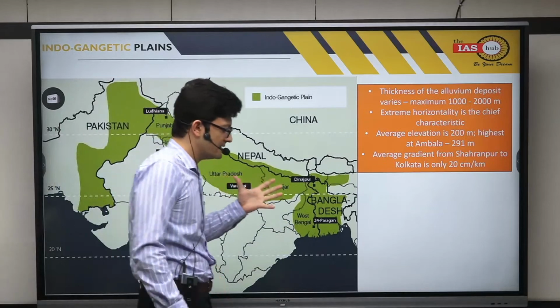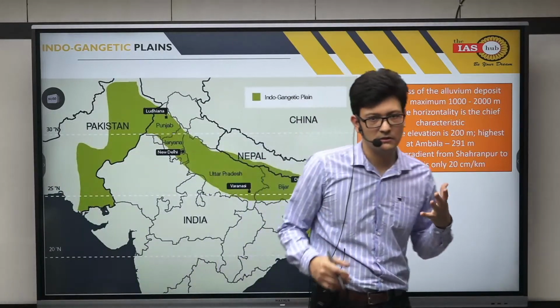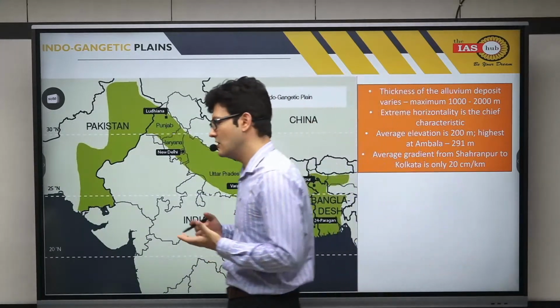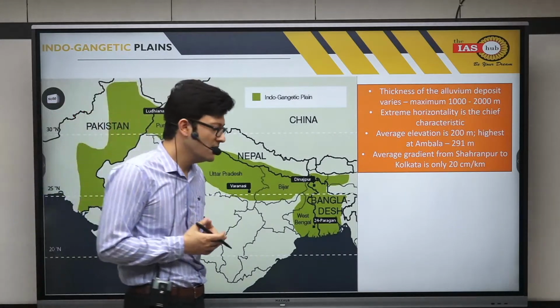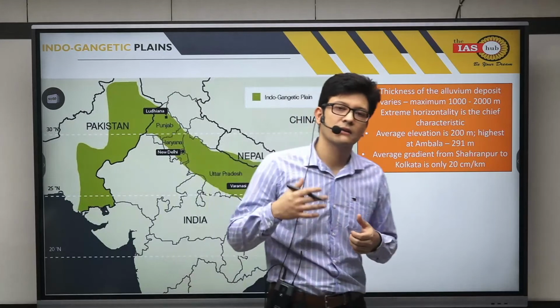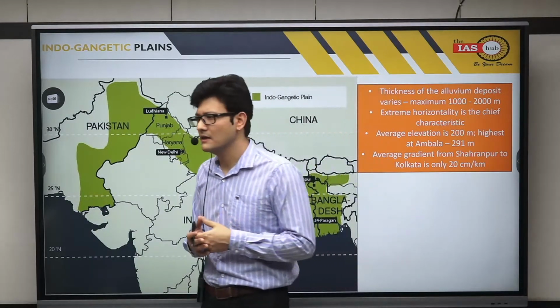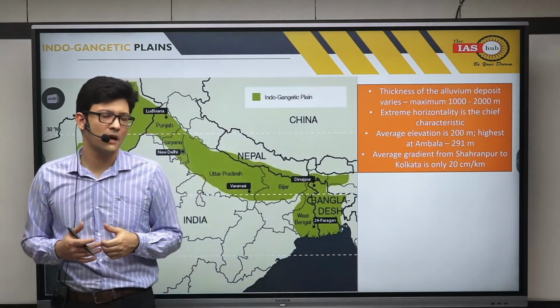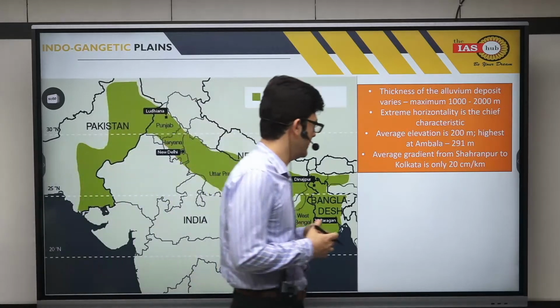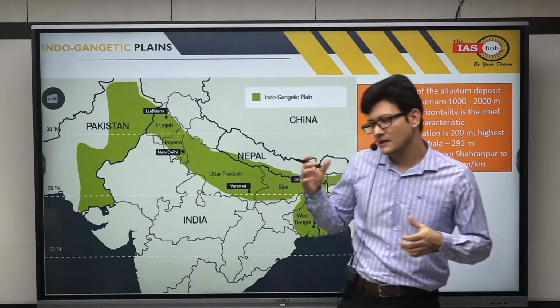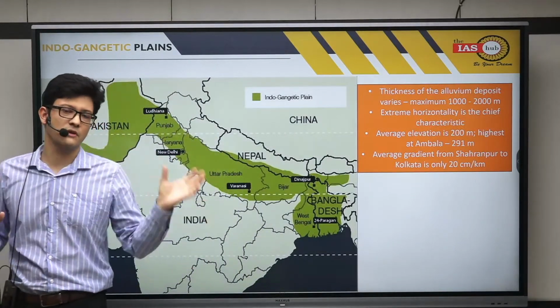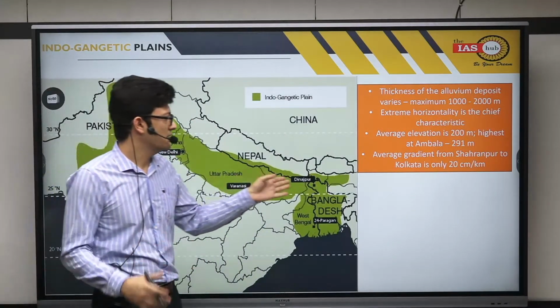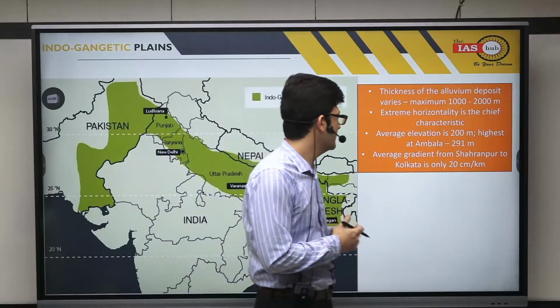Now, other characteristics of the northern plains: the thickness of the alluvium over here is from 1,000 meters to 2,000 meters. The average elevation is around 200 meters, and the highest elevation point is Ambala, at 291 meters. Then there is a very slow gradient from the region around Saharanpur towards Kolkata, which is only 20 centimeters per kilometer.